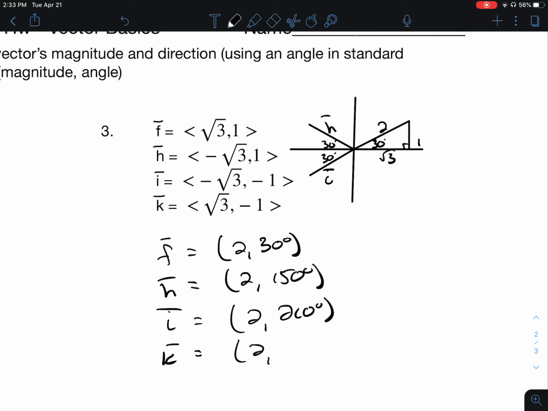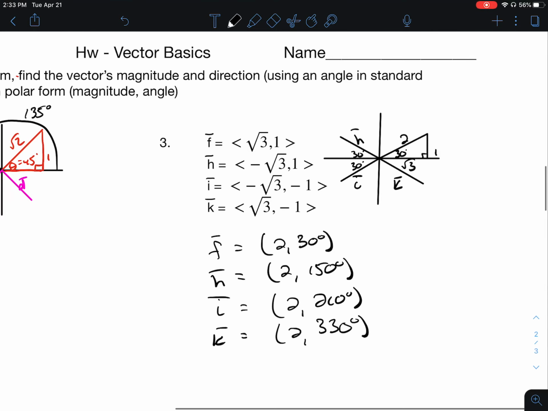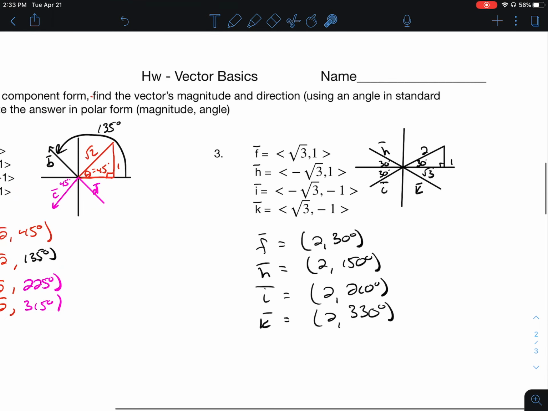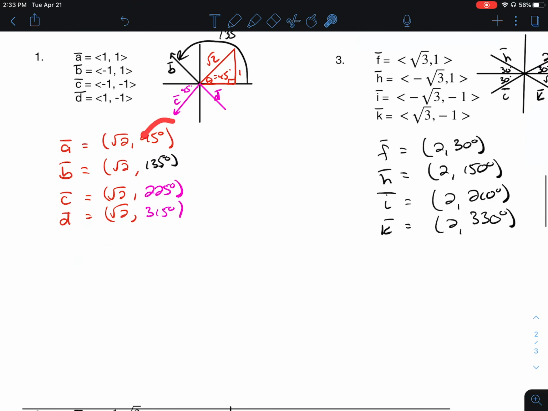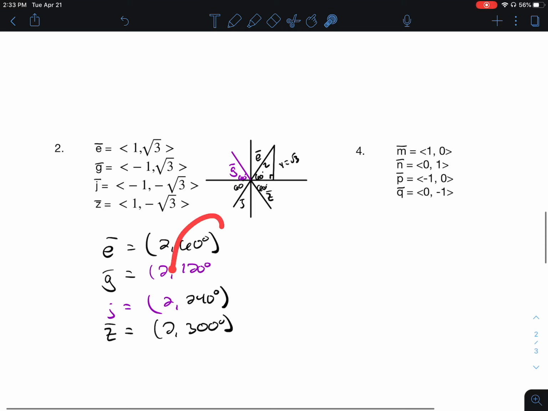It's the same triangle, just in quadrant 4. Reference angle is 30, so that means this angle in standard position is 360 minus 30, which is 330 degrees. Notice, once again, each of these angles have the same reference angle of 30. Each of these angles have the same reference angle, 45. Each of these angles have the same reference angle, 60.